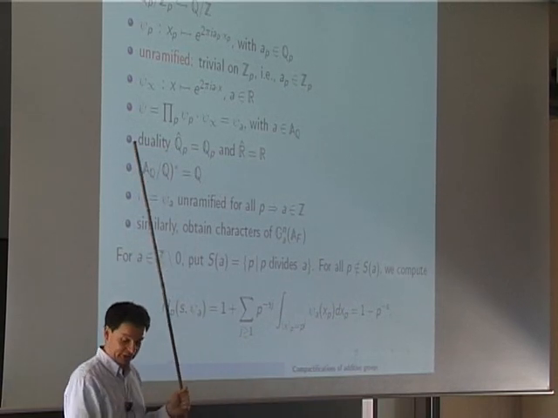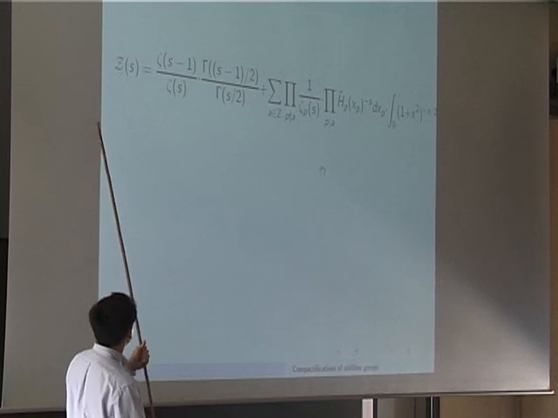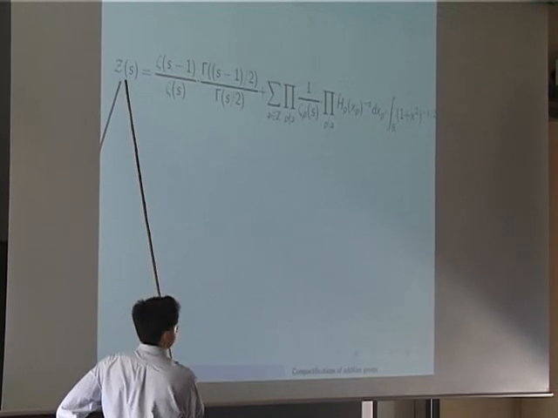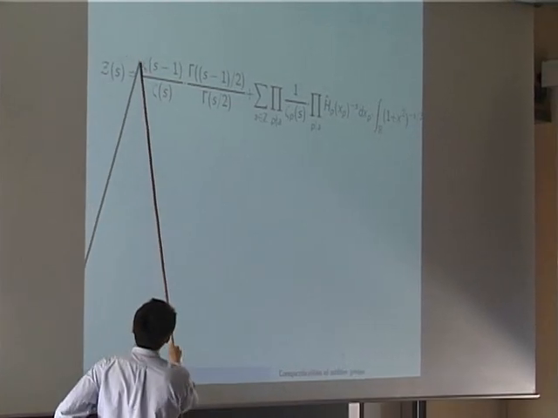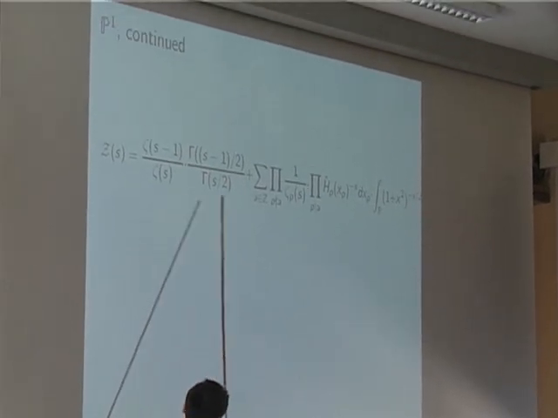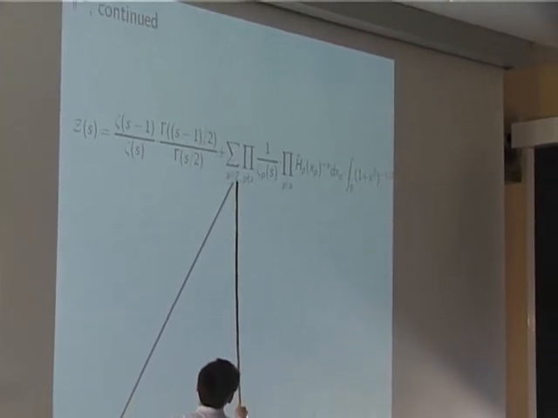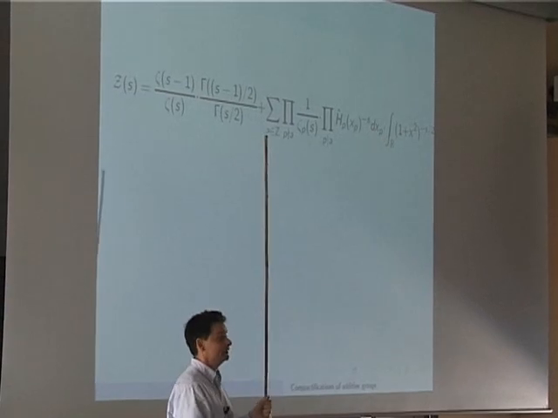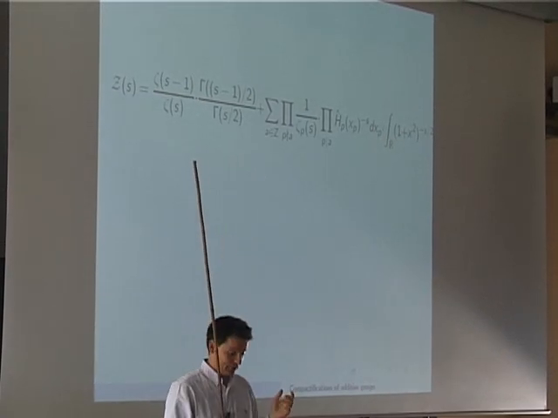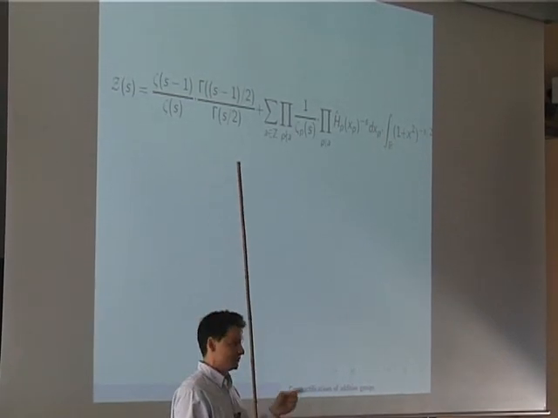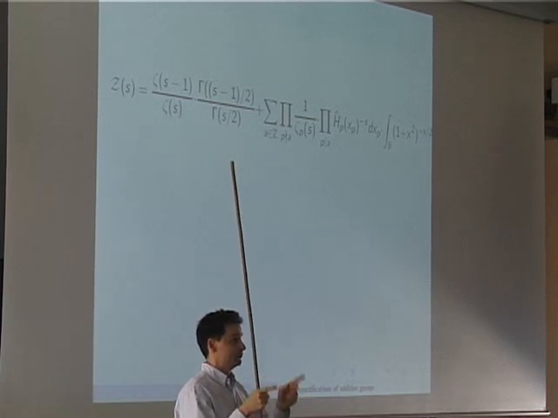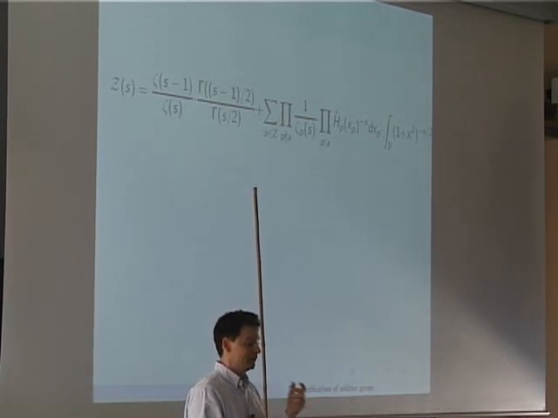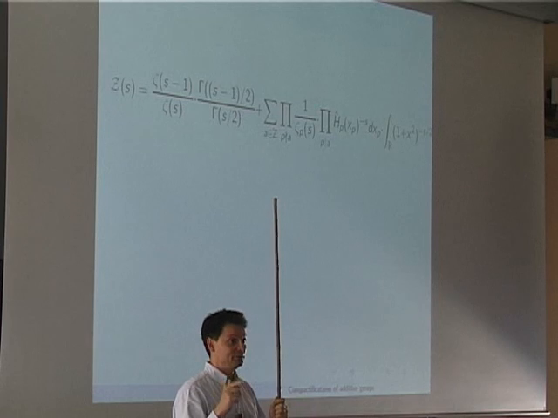So when we put these together, we see that the zeta function of P1, the height zeta function, well, that's a trivial representation, and then we have a sum over all a in Z. Remember, the height function was maximum of 1 and absolute value of x. And it's invariant under translations by Z_p.